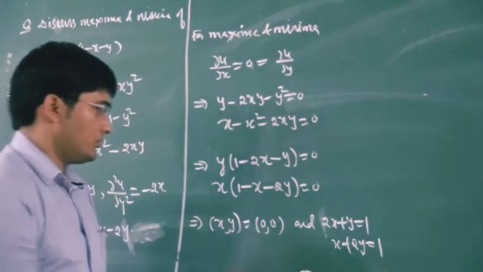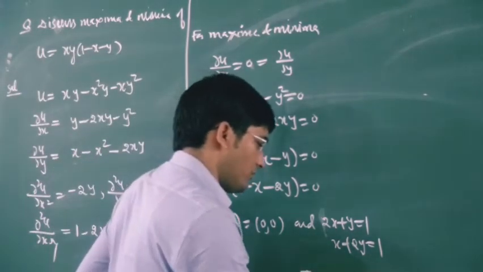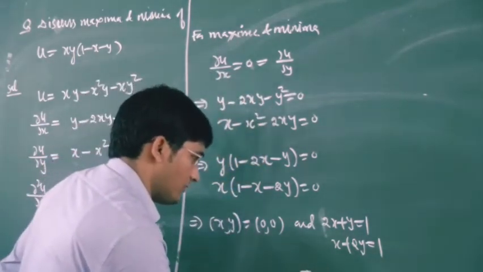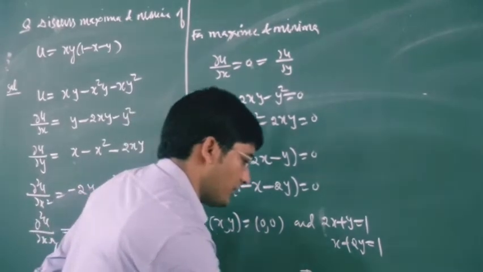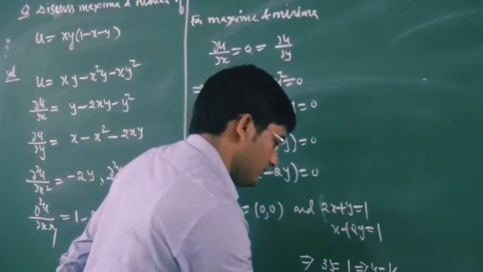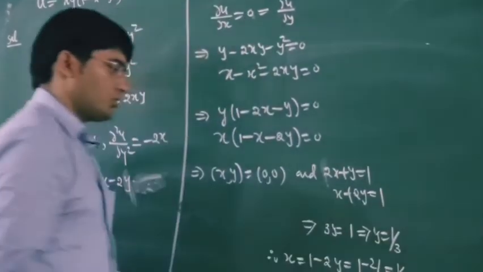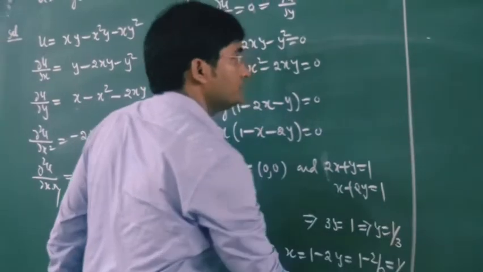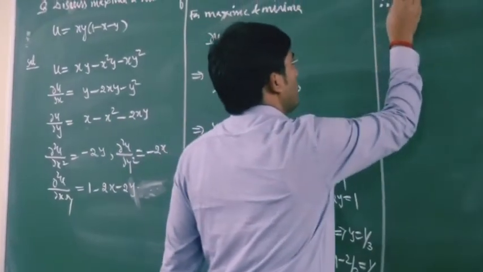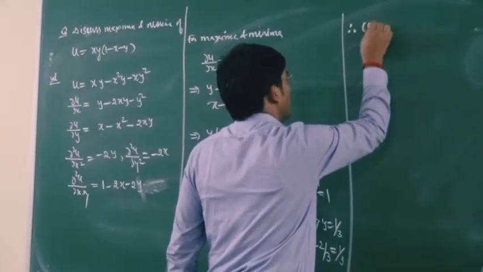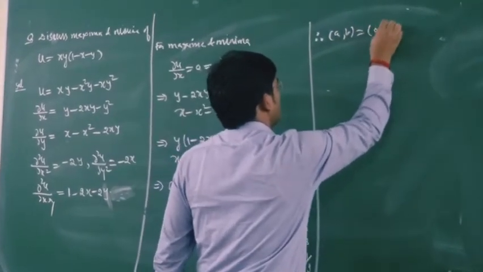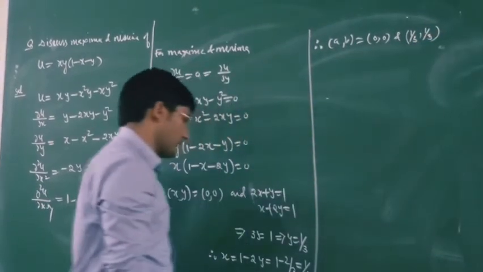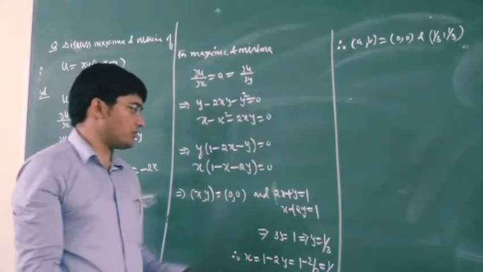So the value of y will be 1 by 3, and therefore our x will be 1 minus 2y, so this is 1 minus 2 by 3. So our x is 1 by 3. So the point is 1 by 3, 1 by 3. Therefore your a comma b is either 0 comma 0 or 1 by 3 comma 1 by 3. Your x is 1 by 3 and y is 1 by 3.